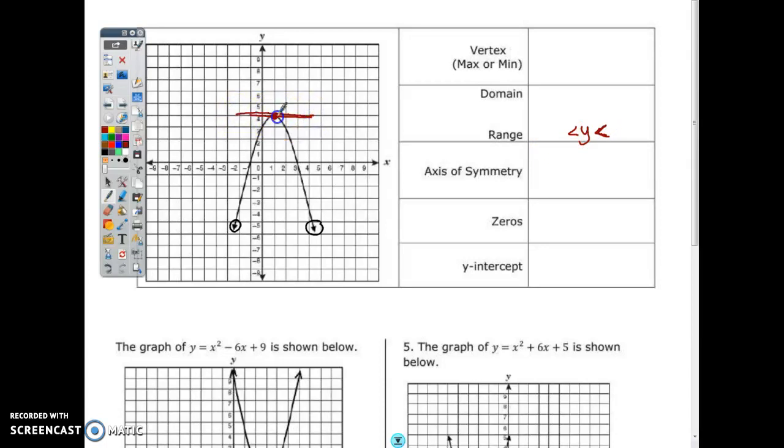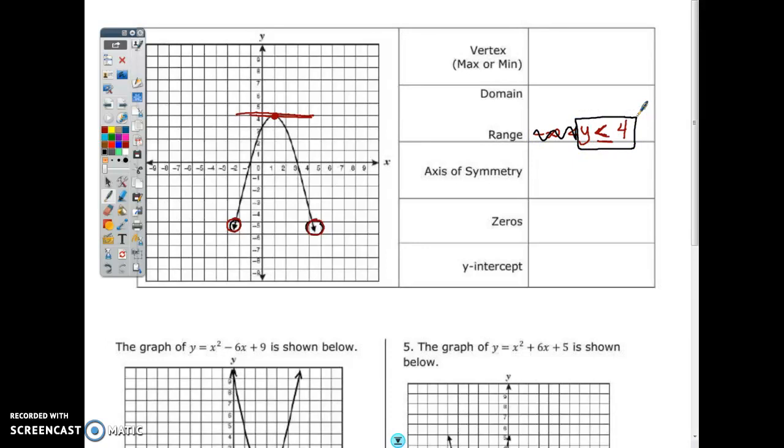So the 4, because it's the highest point, is going to go on the other side now. And then the lowest point that it goes to is negative infinity. So that's going to go first. Remember, bottom goes first, top goes second. And then once you have that, take off the infinity part, and this is ready. You don't even have to flip it because the y is already first.